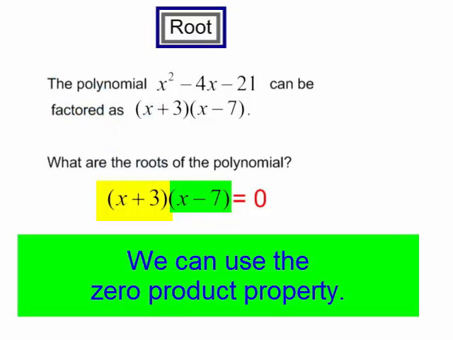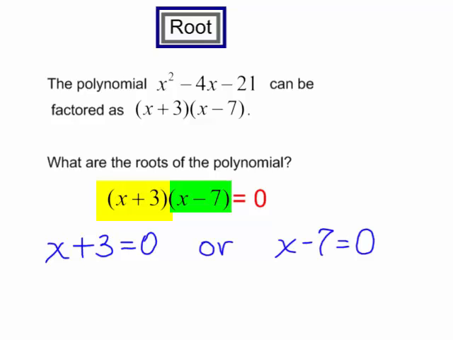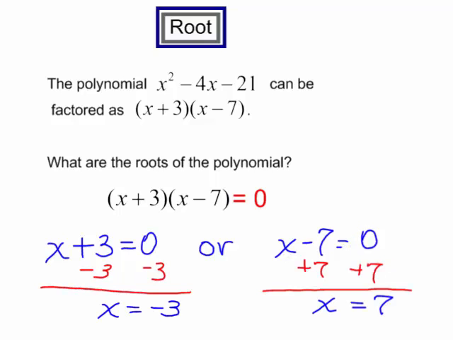From the zero product property, I do know that x plus 3 is equal to 0 or x minus 7 is equal to 0. These are two linear equations. I will quickly solve these for x. Therefore, the roots of this polynomial are -3 and 7.